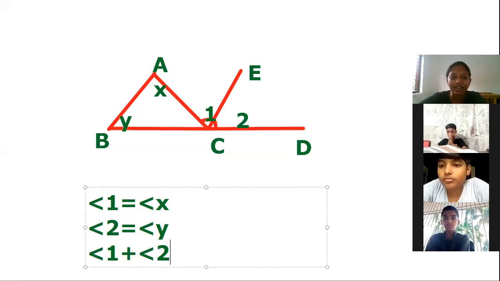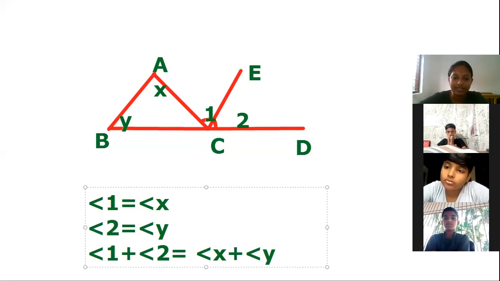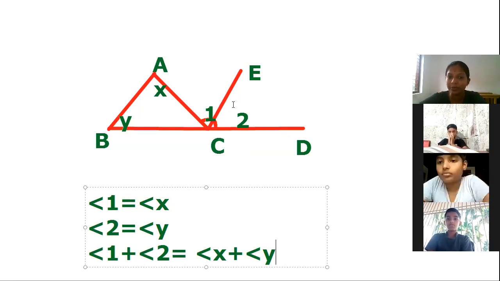And we can write angle 1 plus angle 2 is equal to angle X plus angle Y. This is because angle X equals angle 1 and angle Y equals angle 2. And what is angle 1 plus angle 2? We have already said angle 1 plus angle 2 is the exterior angle.